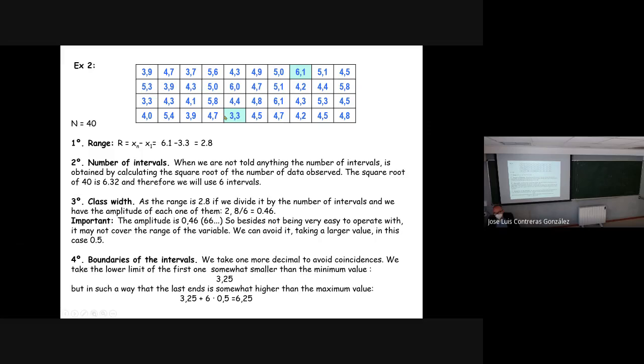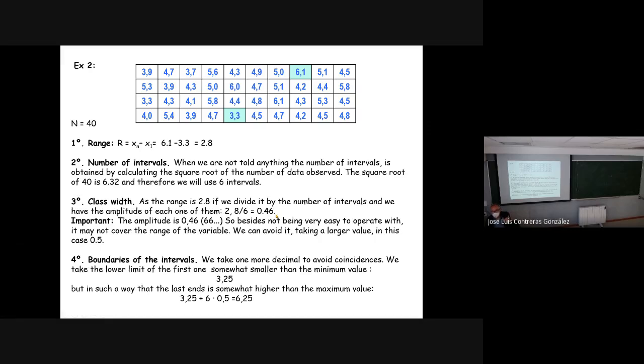Number of intervals. We have 40 elements. The square root of 40 is 6.3. So we'll choose 6. We could have chosen 7 also or whatever. The class width. Now, all this is approximate and depends on the study. As the range is 2.8, if we divide 2.8 by the number of classes, which is 6, then we find a class width which is 0.46.